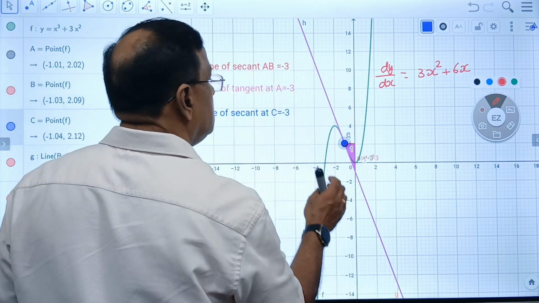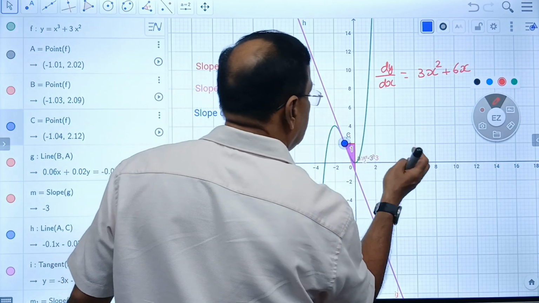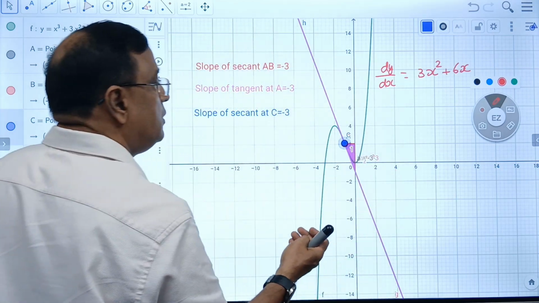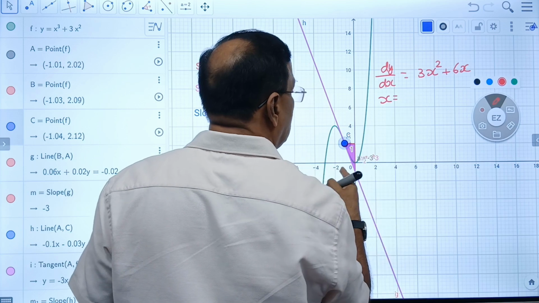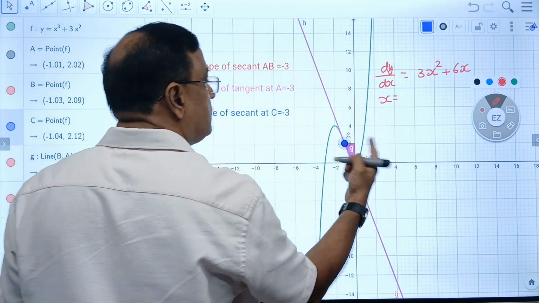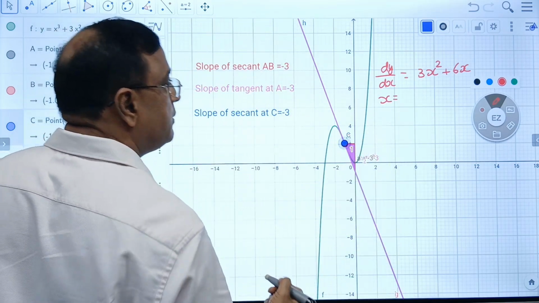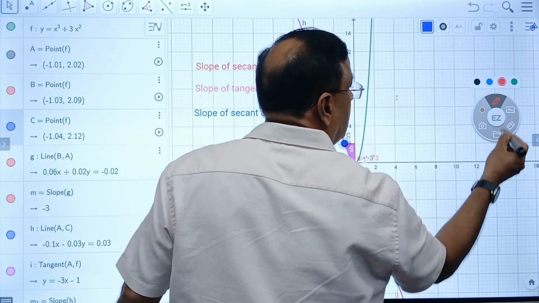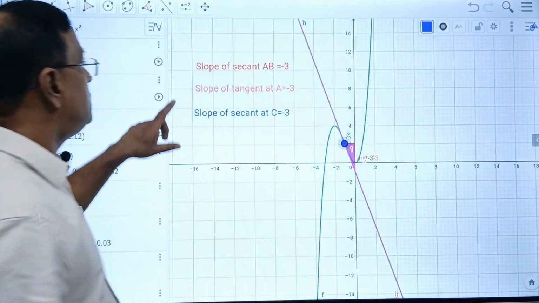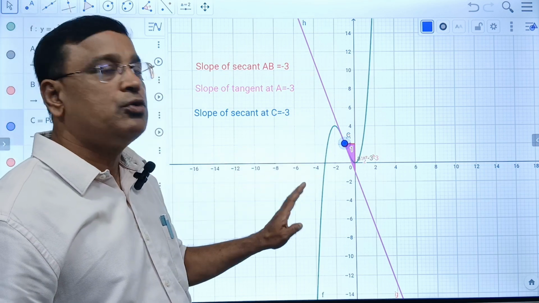I think it's difficult to verify with this type of a point. So forget it. If you substitute any point, I don't know what this point is, so that becomes very difficult to calculate. Okay, that's fine, no problem. So we have verified that slope of the secant approaches slope of the tangent.